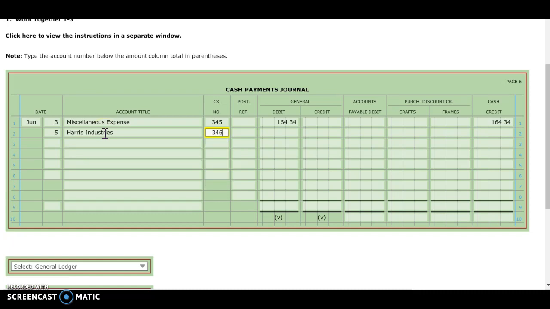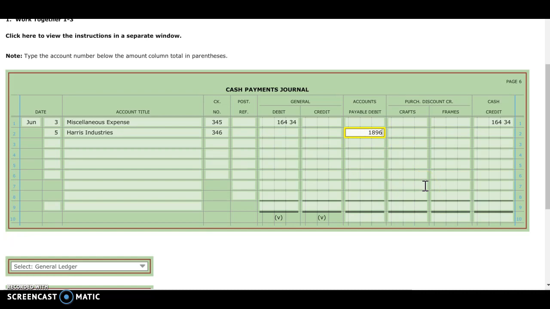We're going to put in our check of 346, and then we're going to figure out accounts payable debit. Now, it says that we owed them $2,141. That was the purchase invoice. But it's saying that we have a debit memorandum of 245. So what we're going to do is take that 2,141 minus $245, and that gives us 1896. So that's how much we owe them, 1896. That's going to be our accounts payable debit.